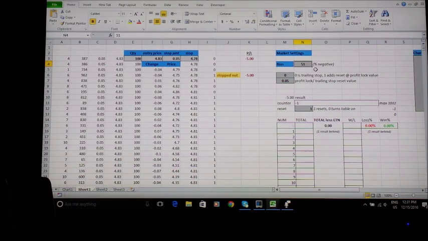What that allows me to do is set either a trend up or a trend down, or even make a ranging market. So you can see in this case I've got it set to 51% negative, so it is slightly trending down, but you could also call this a ranging market.